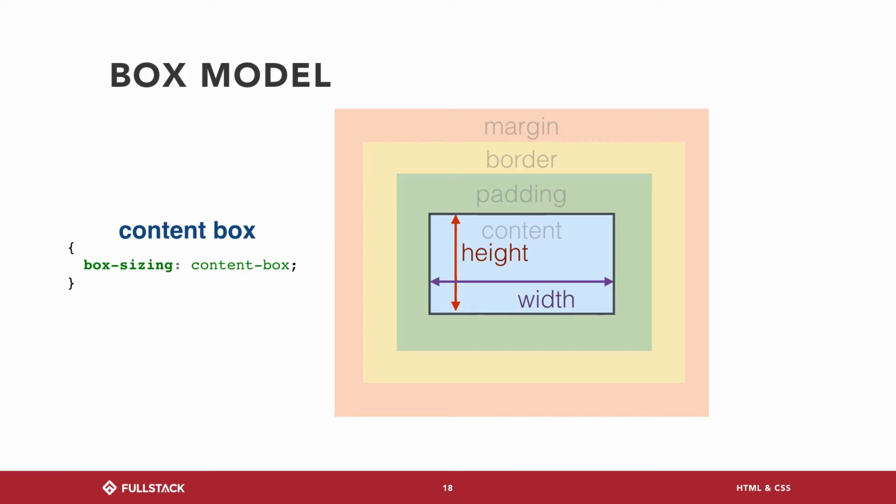So if I say padding 5 pixels, then the padding box will be width 30, height 20. And then if I say border 1 pixel, the size of the border box will be one more on top of that.